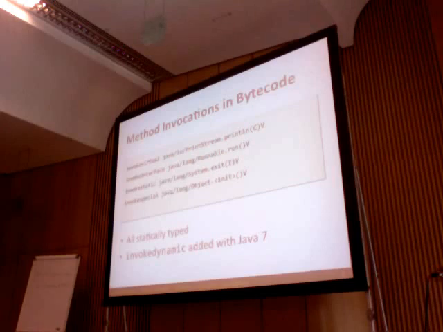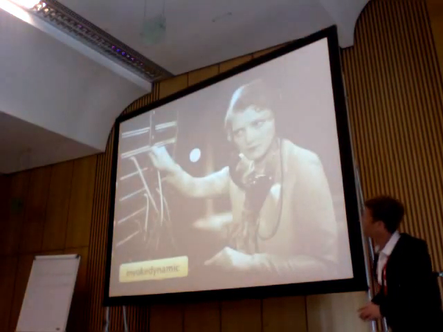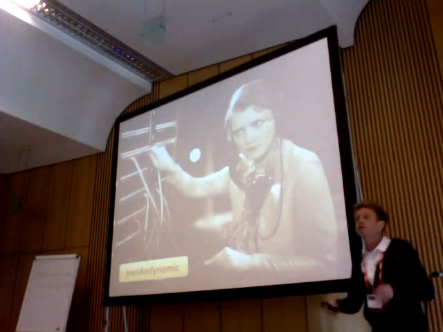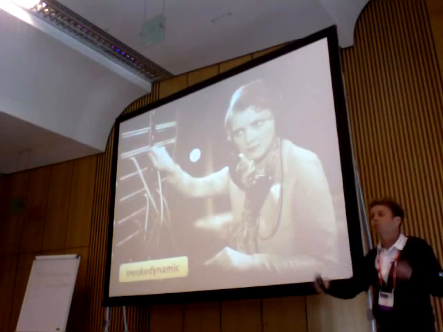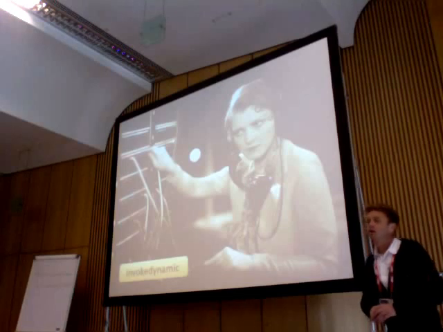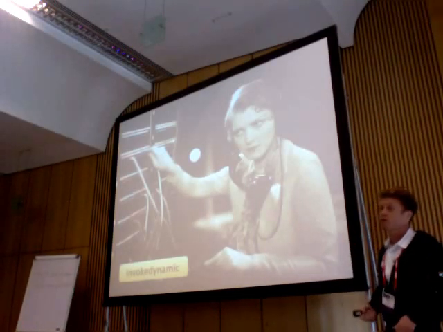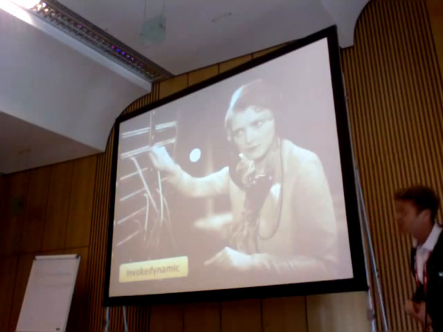To make a short demonstration of how invokedynamic works, I picked that picture. Invokedynamic adds a new level of indirection when you call a method, like a DNS server. You first query the name, and then you get the particular implementation, the IP address of the target host you want to connect to. Because I didn't find a nice picture of a DNS server, I used the telephone operator here.